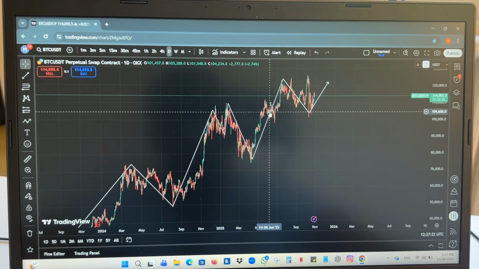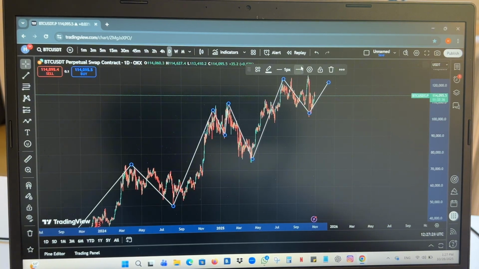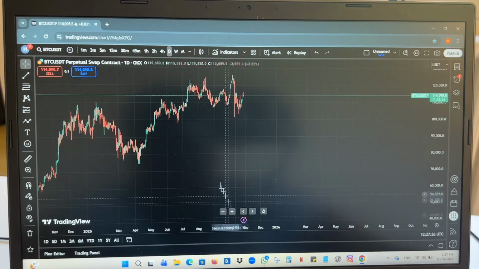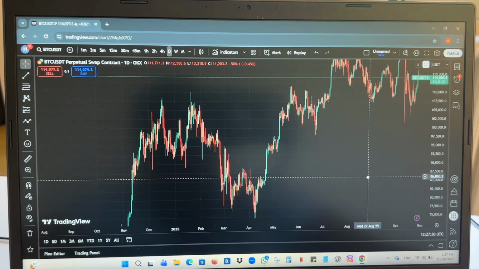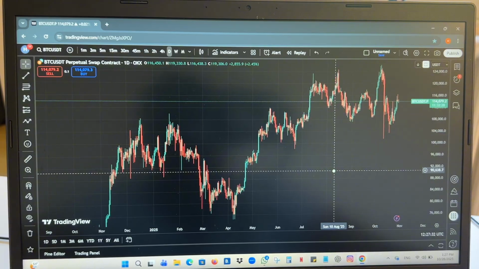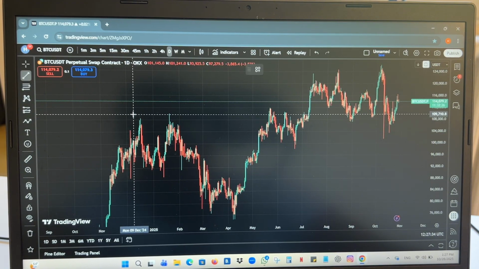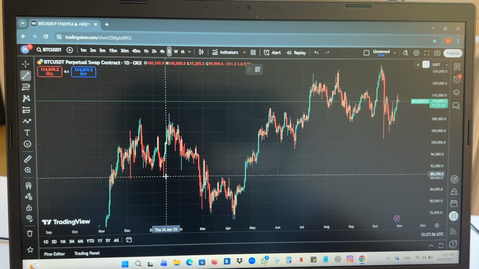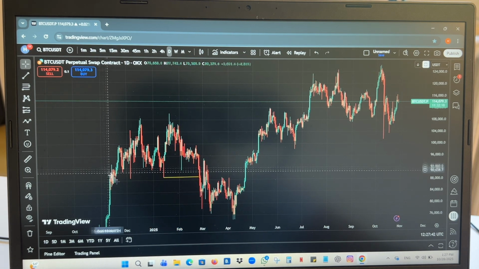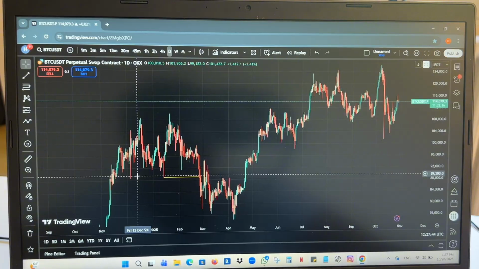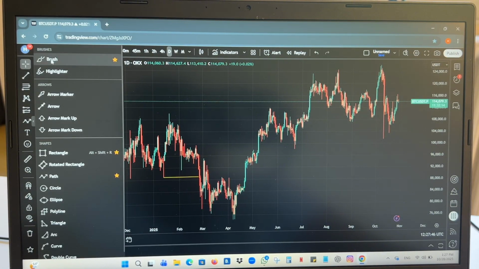So we'll get rid of the path, and we'll zoom it out. And there you go. You need to just draw the line where it hunted the previous low, this low.